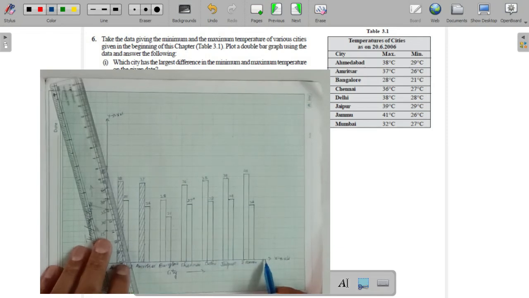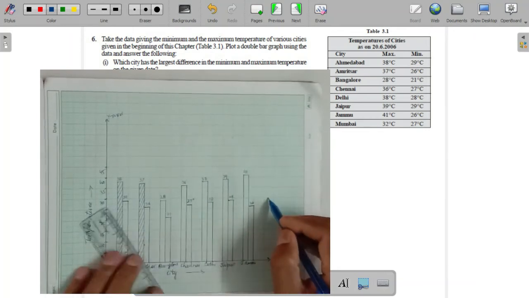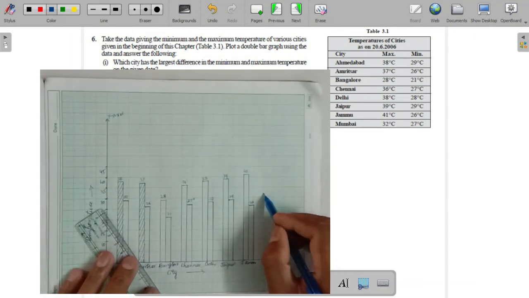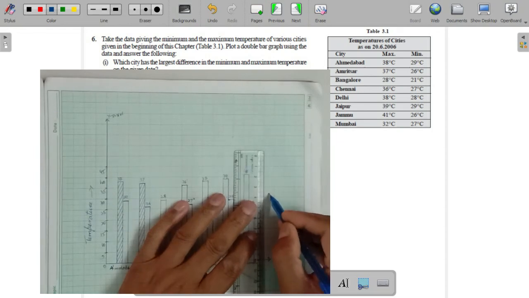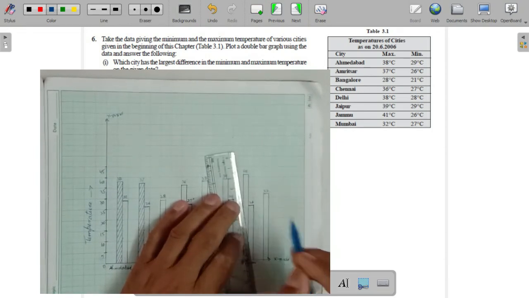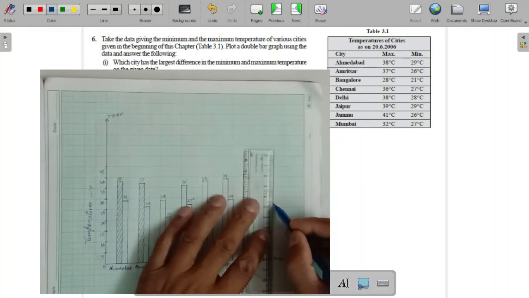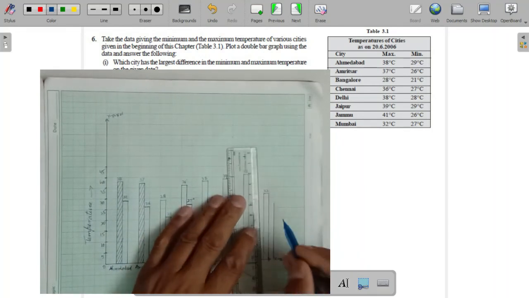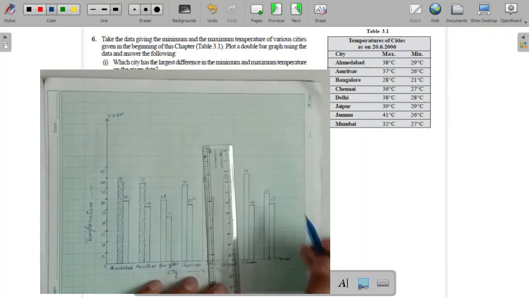Then leave one space, one box. Then come to Mumbai. Mumbai is 32. That is after 30. You have to take fourth line. That is 32. Then minimum temperature it is 27. 27 means after 25. Fourth line. Join this. It is 27. Below write down Mumbai.